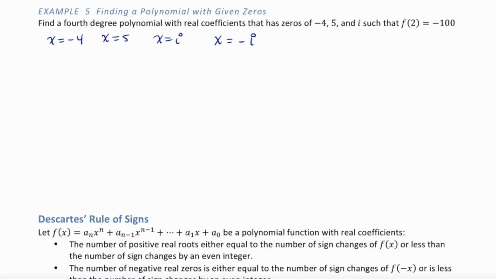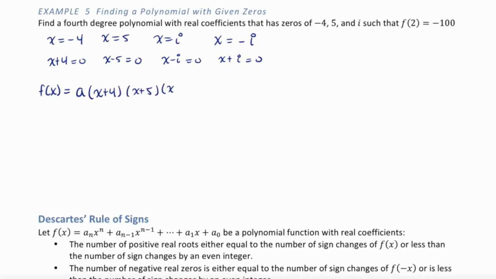So this tells me that my factors are x plus 4, x minus 5, x minus i, and x plus i. So f of x equals some constant a times x plus 4 times x minus 5 times x minus i times x plus i. So we have a times x squared minus x.